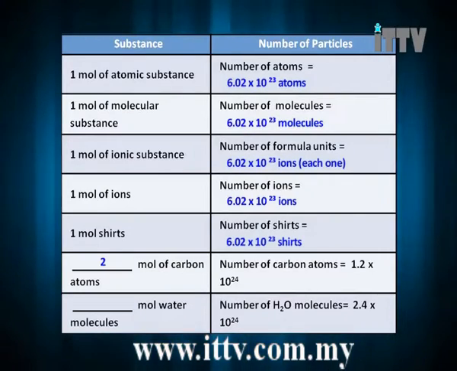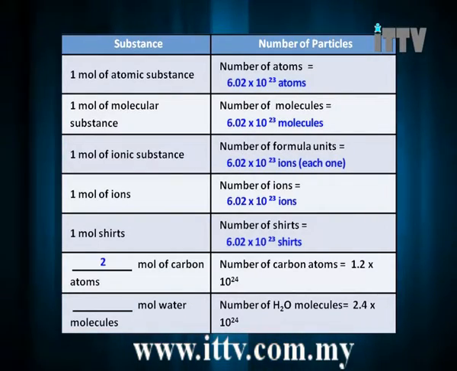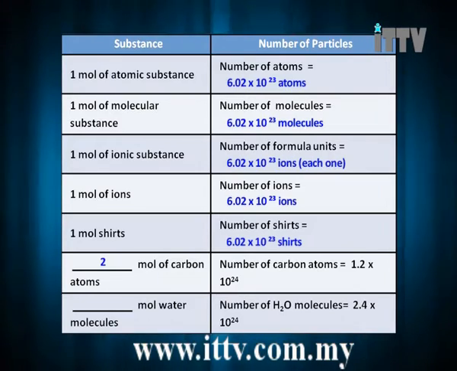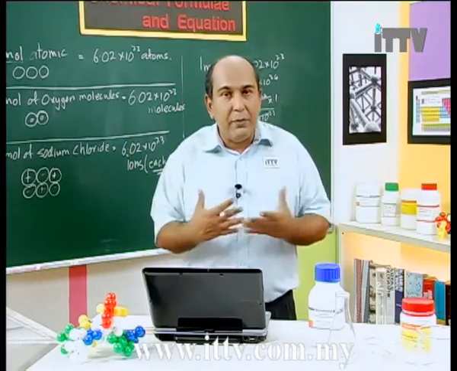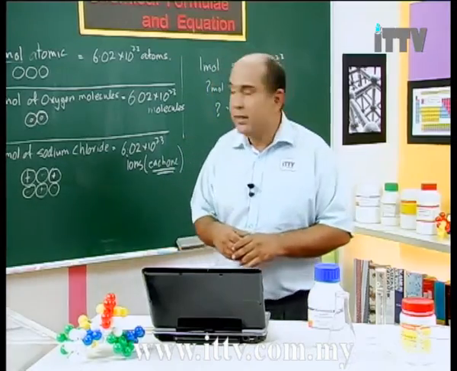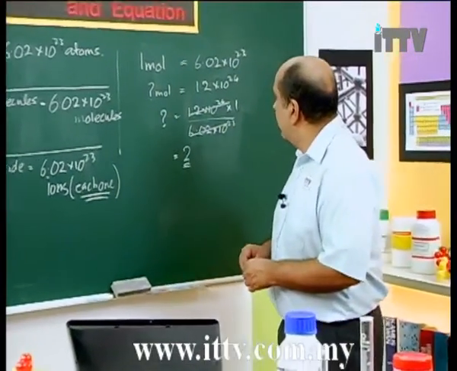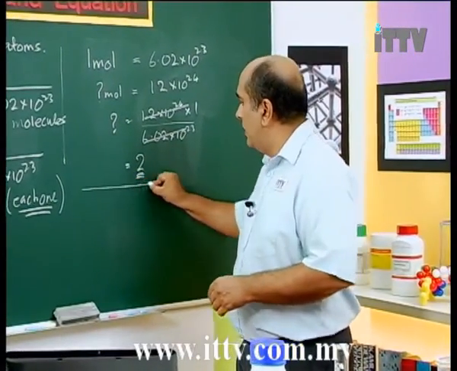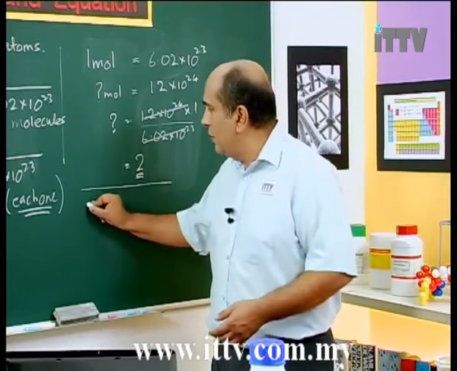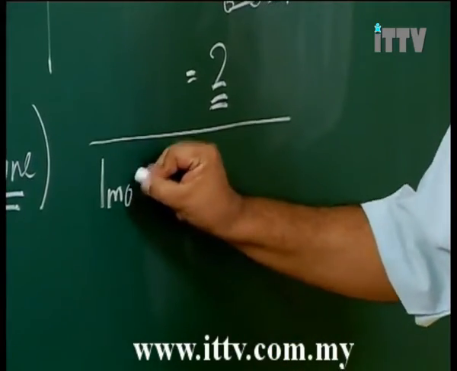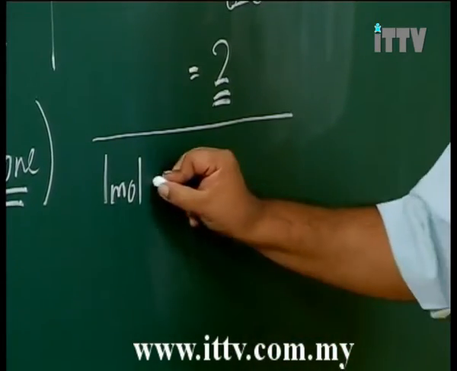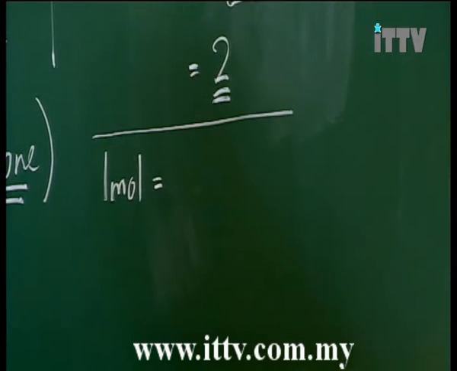How many moles of water molecules are in 2.4 times 10 to the power 24? So, once again, we use the same idea and the same method. Let's go back up here. Remember what we have? We'll start with the basics. 1 mole equals Avogadro's constant.